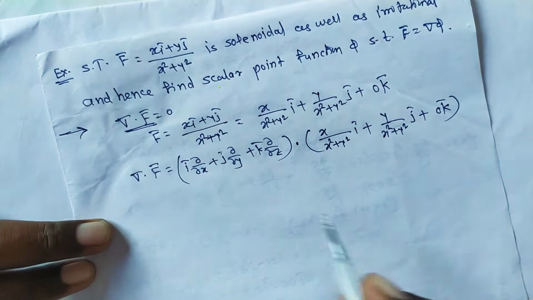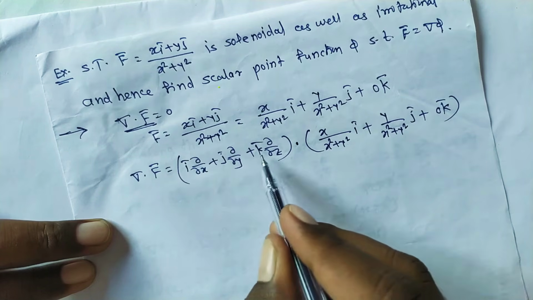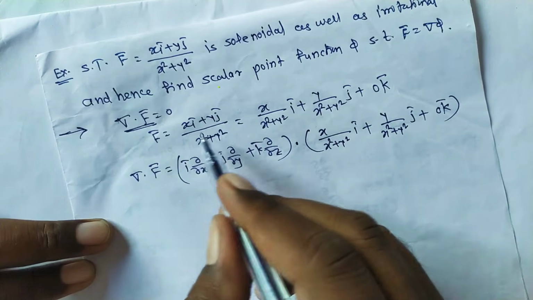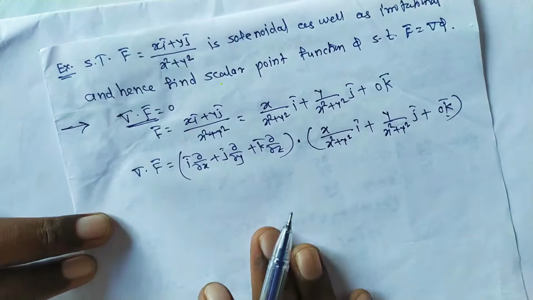Why do we take 0 here? Because del is given in terms of i bar, j bar, k bar, and k bar is not given in F bar, so the coefficient of k bar is 0. So 0 k bar is 0.